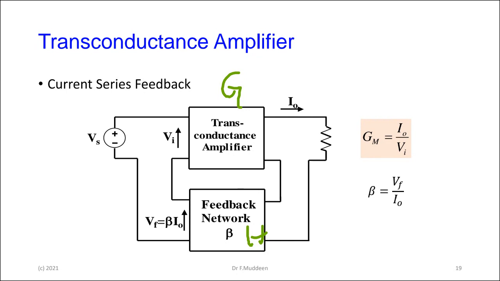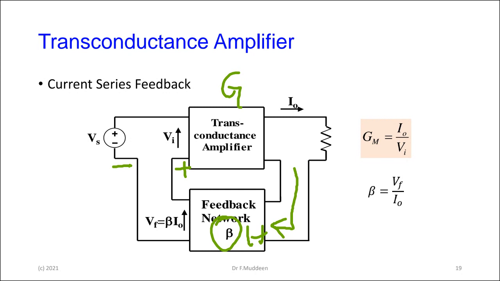So if it's current out, I have to sample current to feed it back. In other words, take some of the output current and feed it back. But then the feedback network has to convert that to a voltage, and again we subtract it from the source voltage.